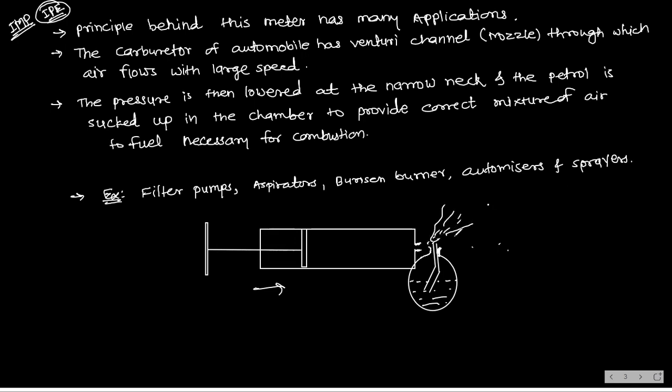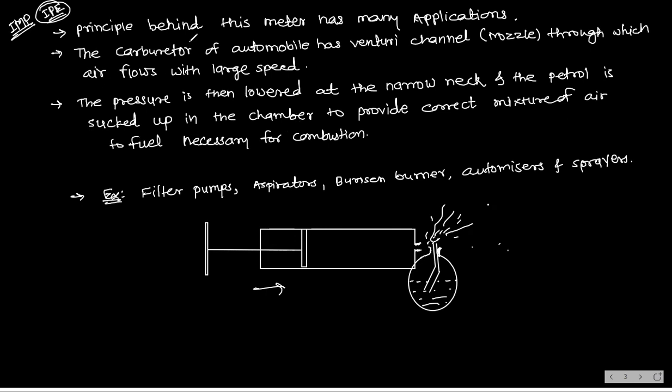Understand? Same thing in a spray also. Even though there is no direct connection, due to the pressure difference this liquid will come up. It is like petrol sucking up. Same thing in the Venturi channel also. So this is the application, how the liquid is coming out just due to the pressure difference.